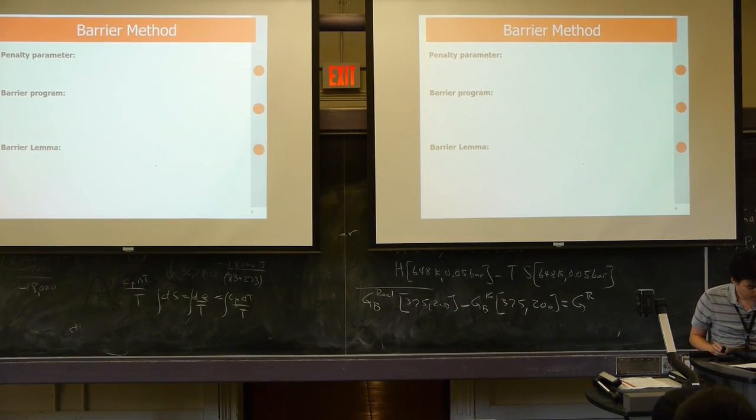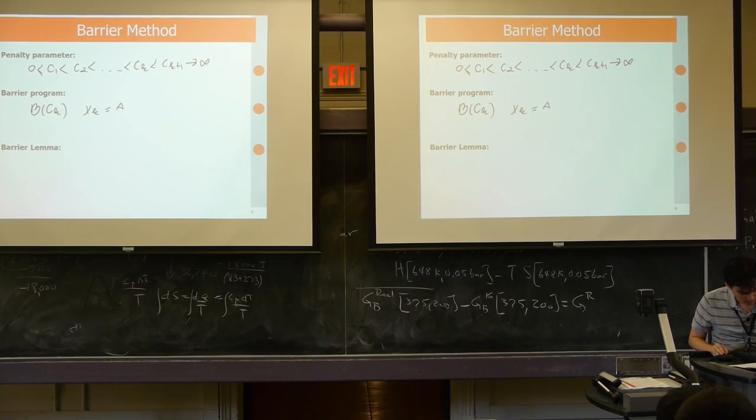Okay. So again, let c1, c2 be increasing positive numbers. The barrier program with parameter ck: xk is the minimum point of f(x) plus 1 over ck times b(x).